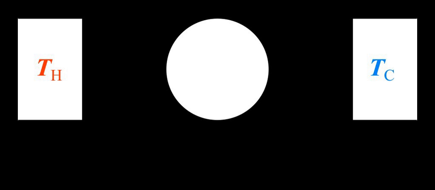Ignoring electrical and other non-PV work, dU = T dS − P dV.